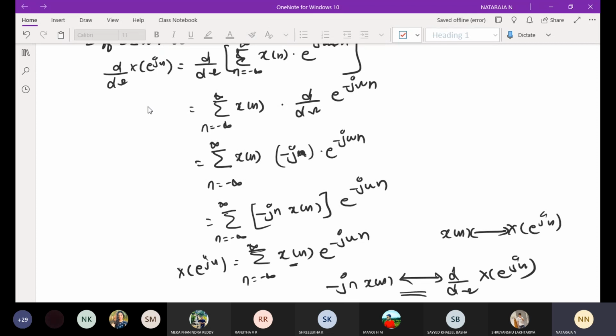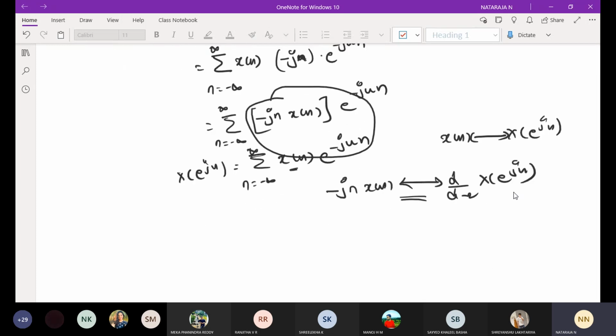This is the solution. We can write it like this.